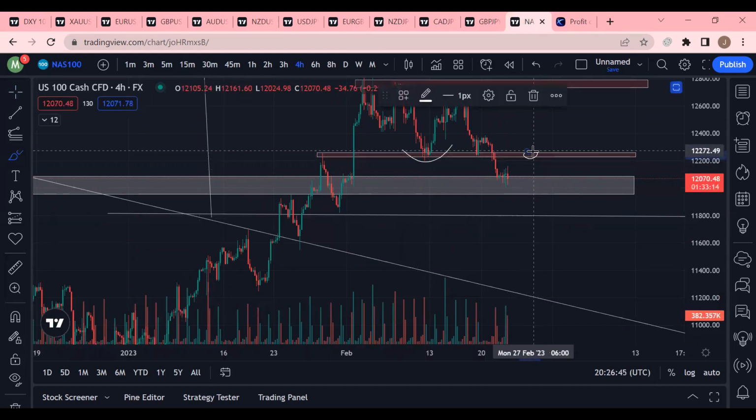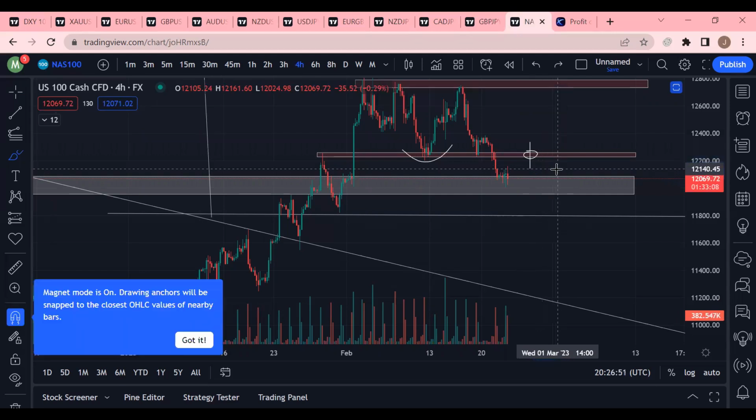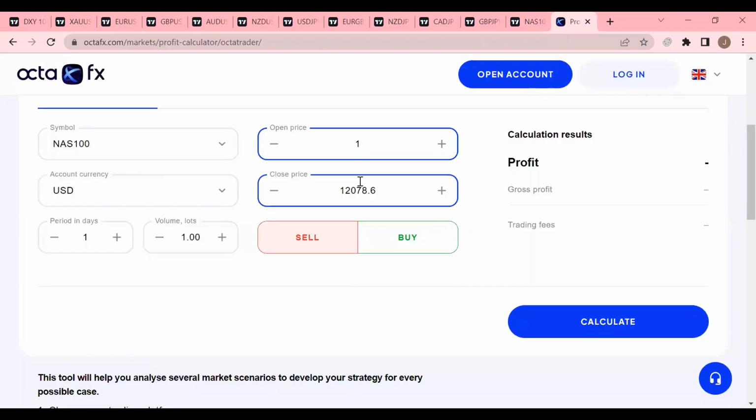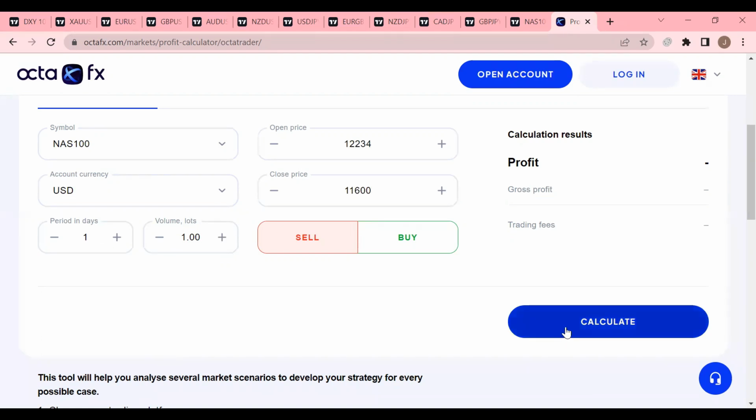If we get a bearish engulfing pattern in this place, I will sell it all the way down to 11,600. So from 12,234, sell it down to 11,600. Yeah, sell on the one lot.